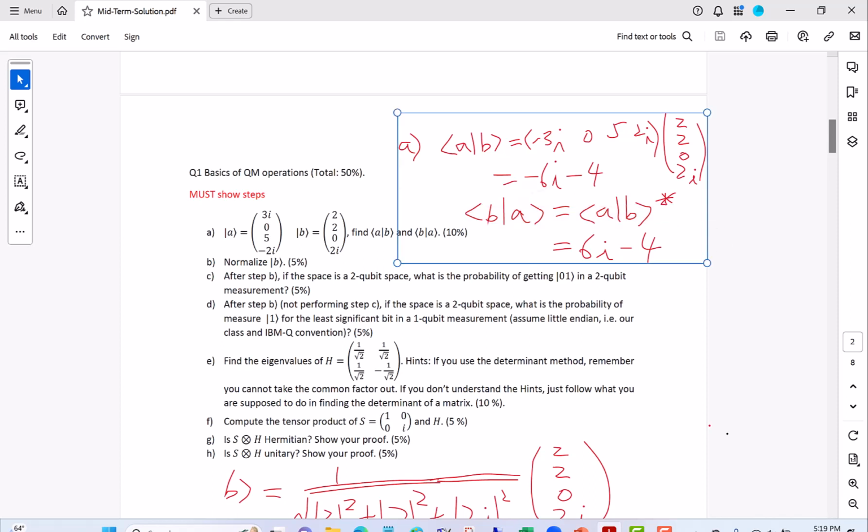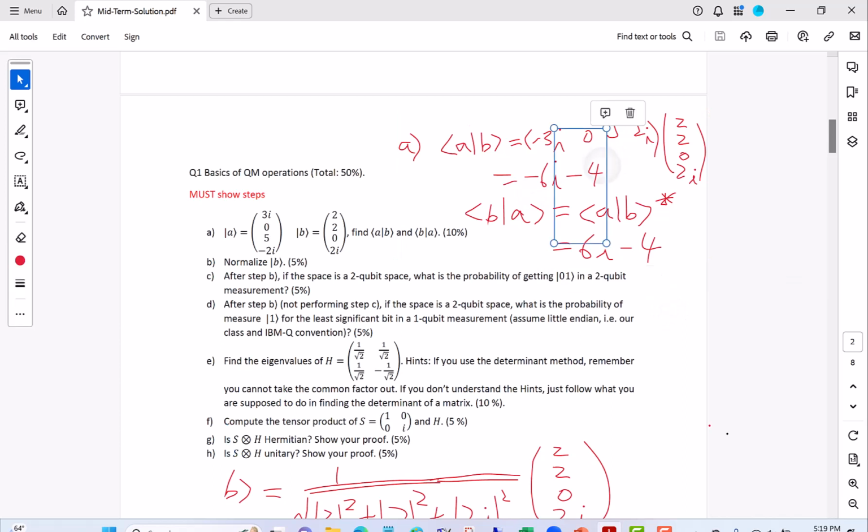So the complex conjugate of this: the real part, negative 4, you do nothing. The imaginary part, you put a negative to it. So then you get this. So this is very fundamental. Unfortunately, I see not everyone did it right. So please check your solution. Make sure that you did it right.